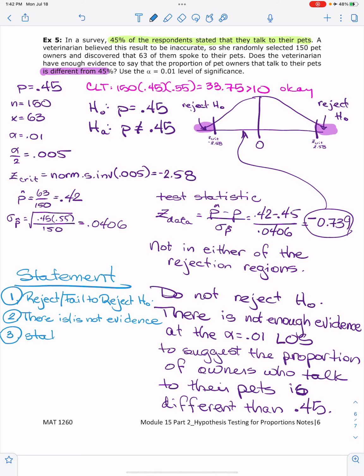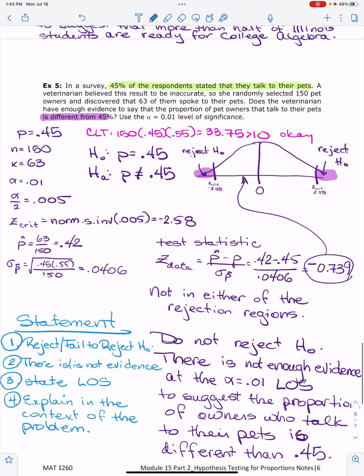Third, we're going to state the level of significance, and then we are going to round out our explanation by explaining this in the context of the problem. On your exams, you will get 4 points for this problem statement. You got to hit all 4 of those.